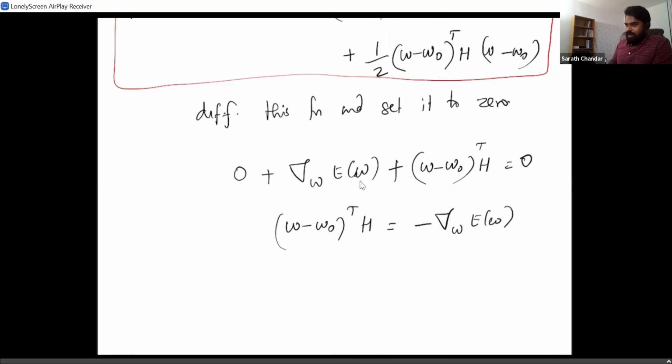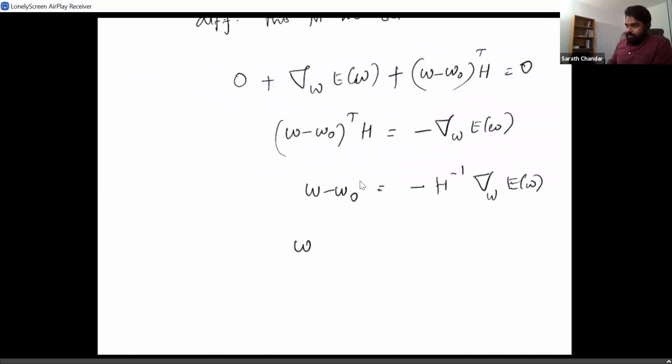Let me not skip the step. So W minus W0 is equal to minus H inverse of the gradient. So W is given by W0 minus H inverse of the gradient.